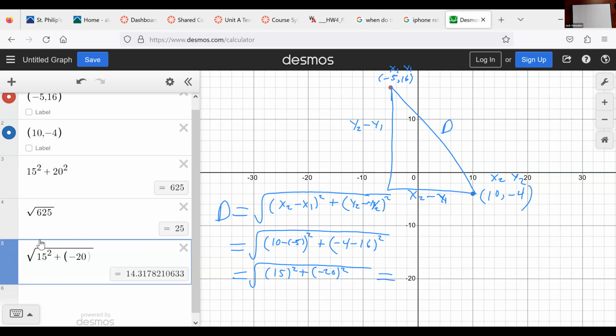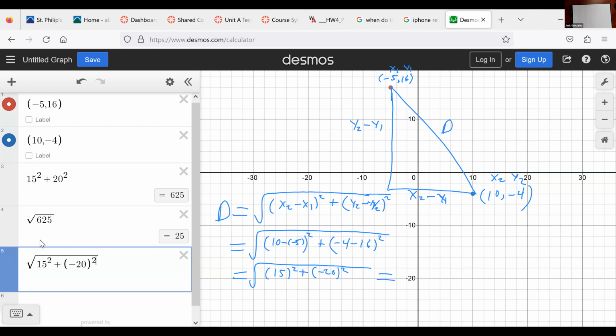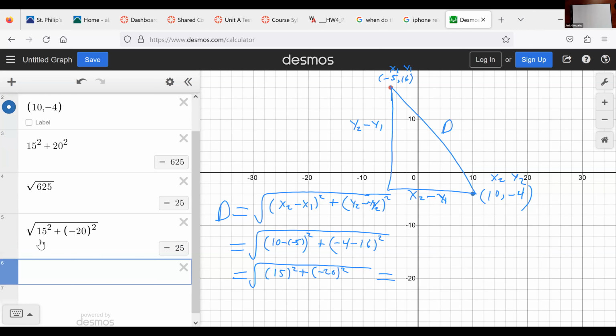We do it properly. The distance is 25. Any questions about this problem?